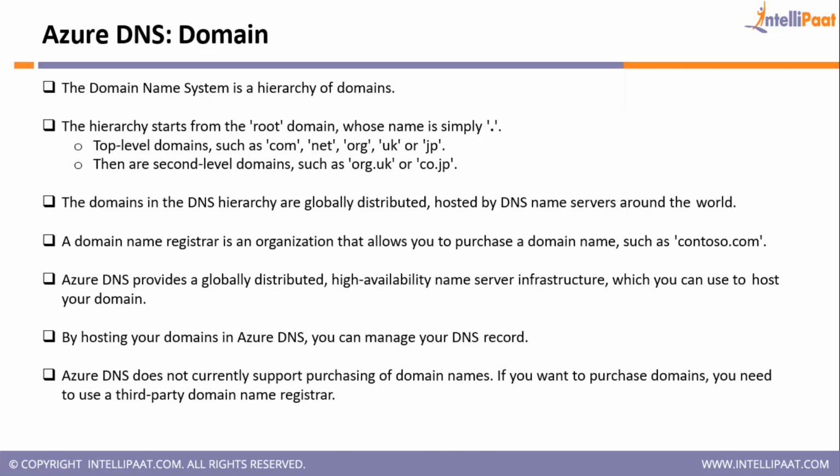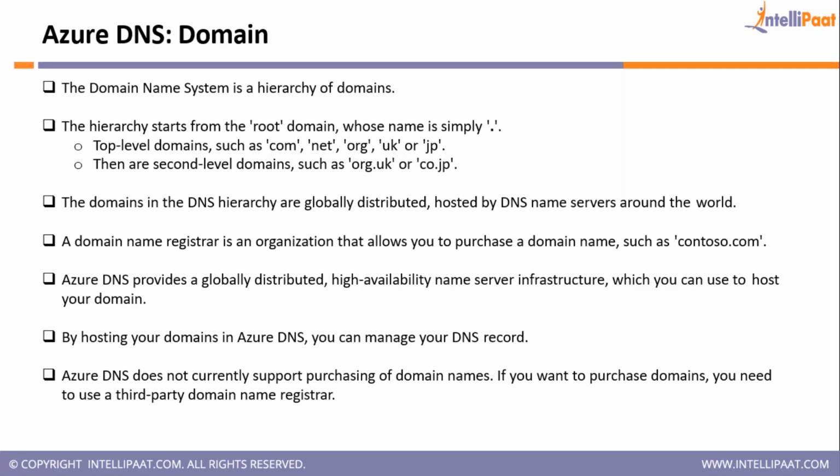So this is a little overview about what a domain is. The domain name system is a hierarchy of domains. The hierarchy starts from the root domain. I think you all must be familiar with it. The dot represents the root domain, and you can have different top level domains like com, net, org, UK, or JP for Japan.